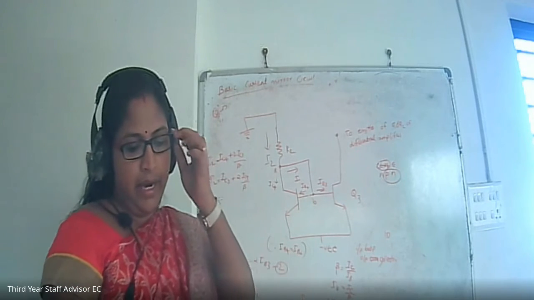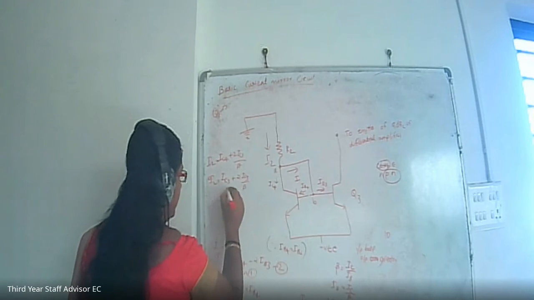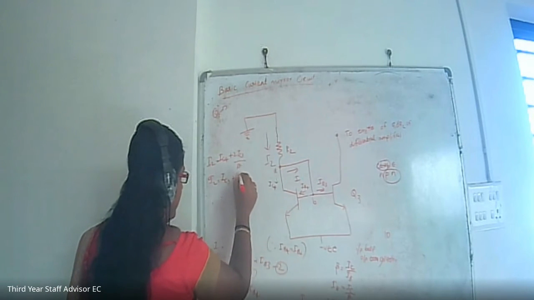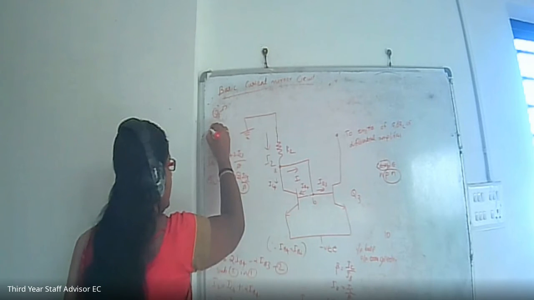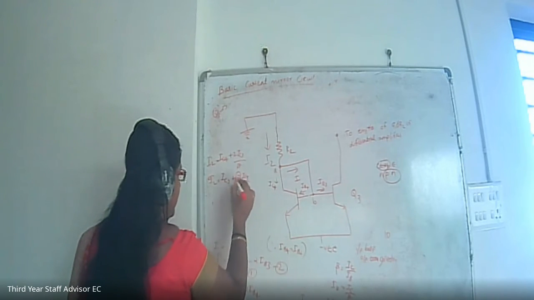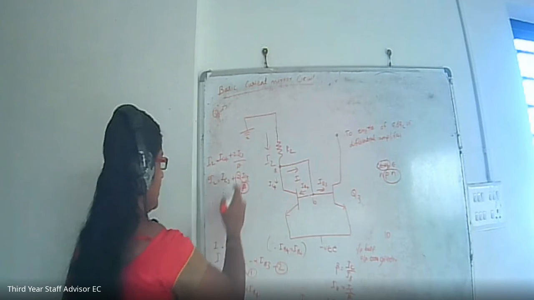Generally we are neglecting the 2 by beta term, since beta is very high, meaning the current gain is high. As a result, we can neglect this term.